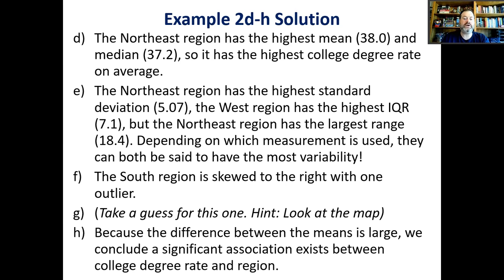We conclude a significant association exists between college degree rate and region. You're allowed to use the shape of the distribution, the standard deviations, but we don't go into any detail with that. But some of you might end up taking other stats classes later, and you'll see that there are many, many measures of association. For the rest of this class, we're only interested in the difference of the means.